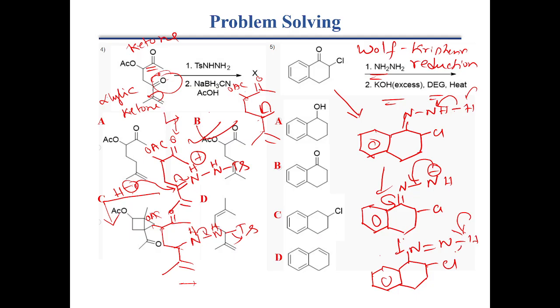So this will abstract and nitrogen will eliminate and form this carbanion. So after elimination of nitrogen, we get this one.